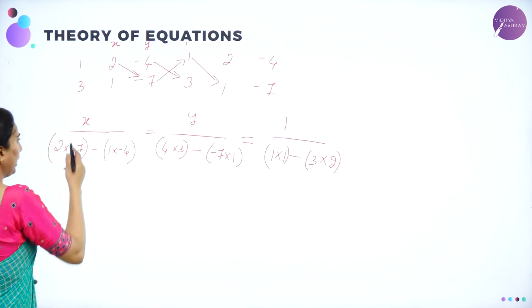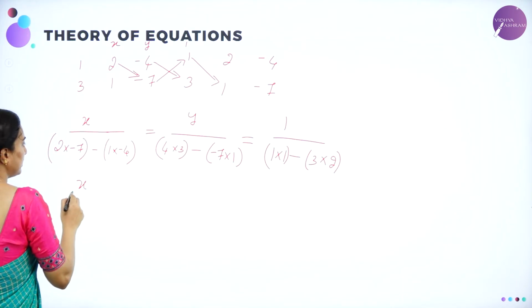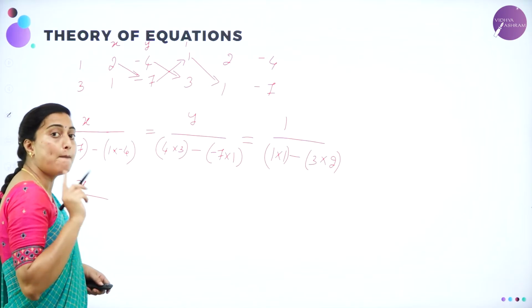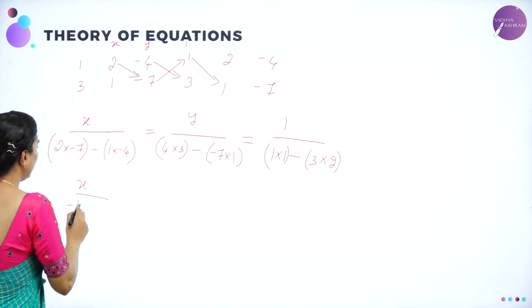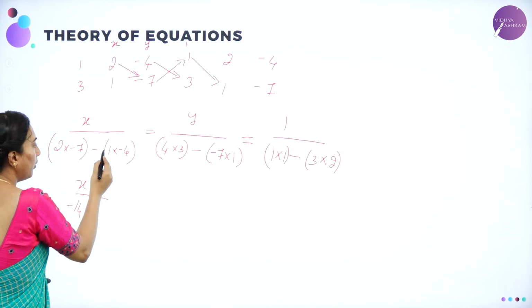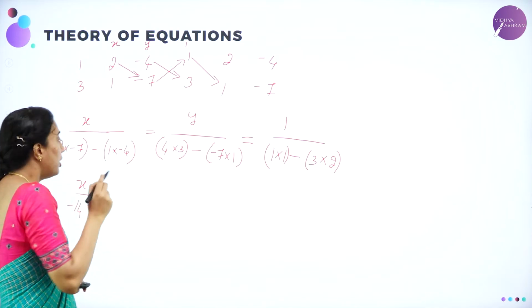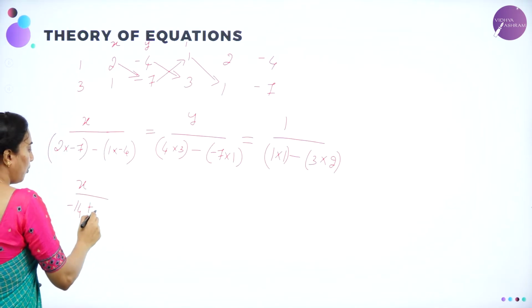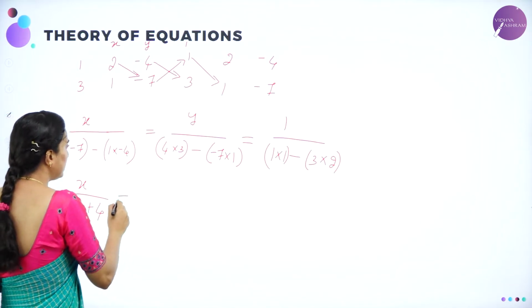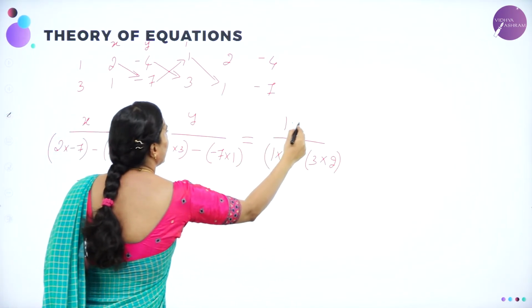Now you can equate. x divided by, solve this first: 2 into minus 7 is minus 14, minus 1 into minus 4, which is minus into minus, plus 4. That I can equate directly to this one.